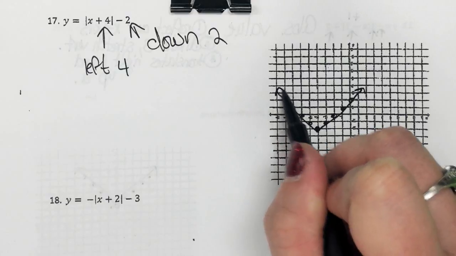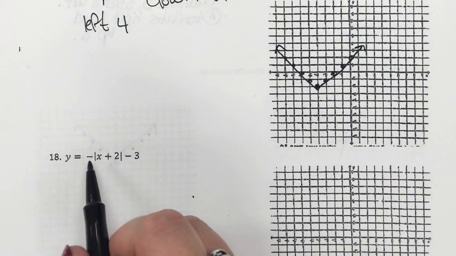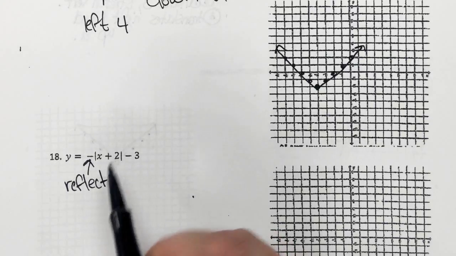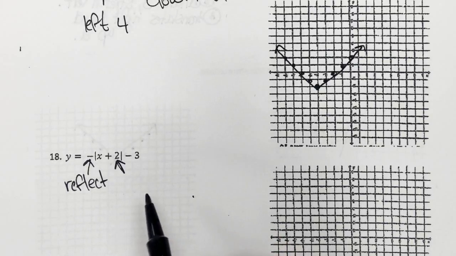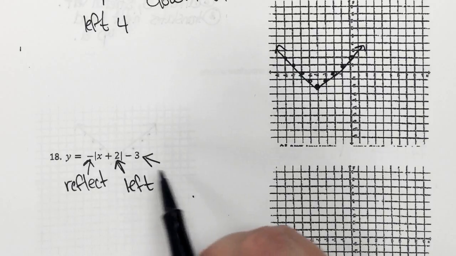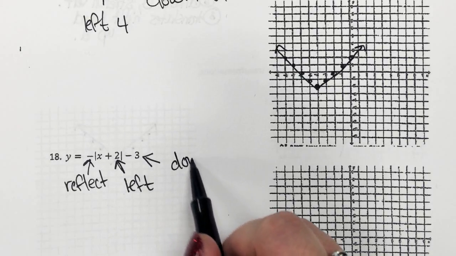All right, well, what's this negative on number 18 tell us to do? There you go. Okay, Alex, what's the 2 inside tell us to do? There you go. And Chandra, what's that negative 3 in the back tell us to do? Perfect.